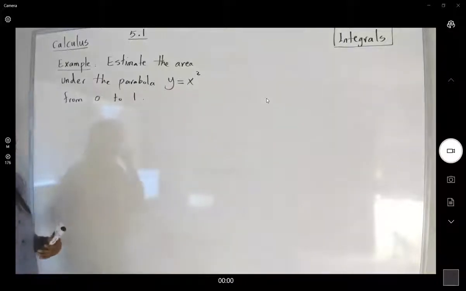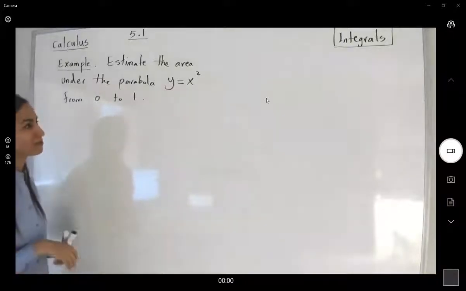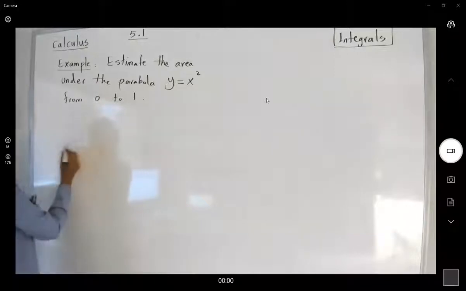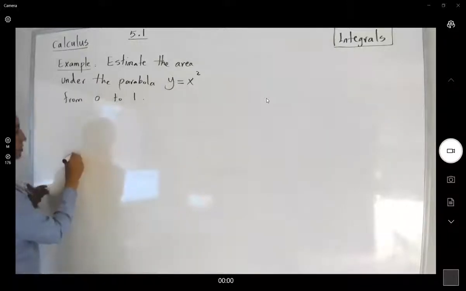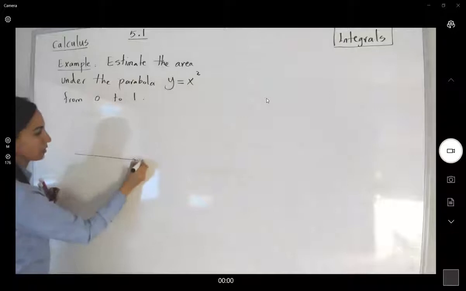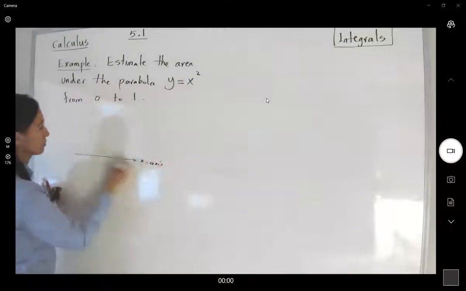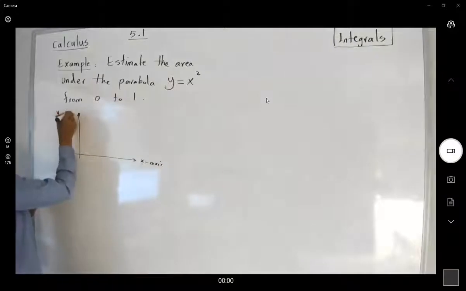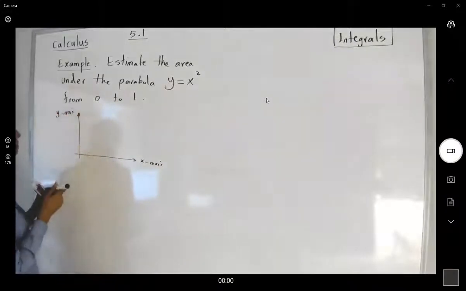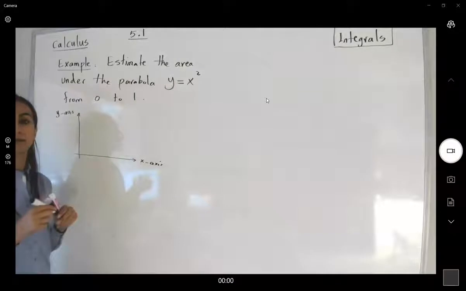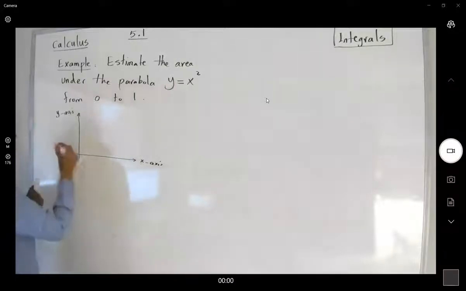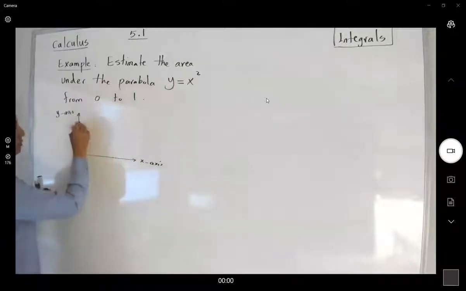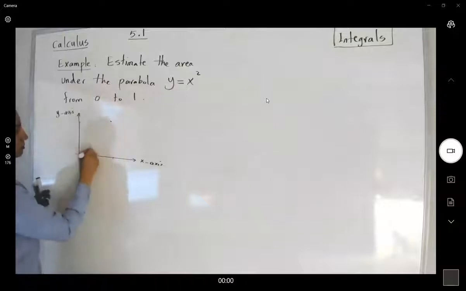Okay, estimate the area. So let's take a look at the graph first. This is our x-axis. This is our y-axis. And the parabola y equals x squared, passing through (0, 0) and (1, 1). This is my parabola.